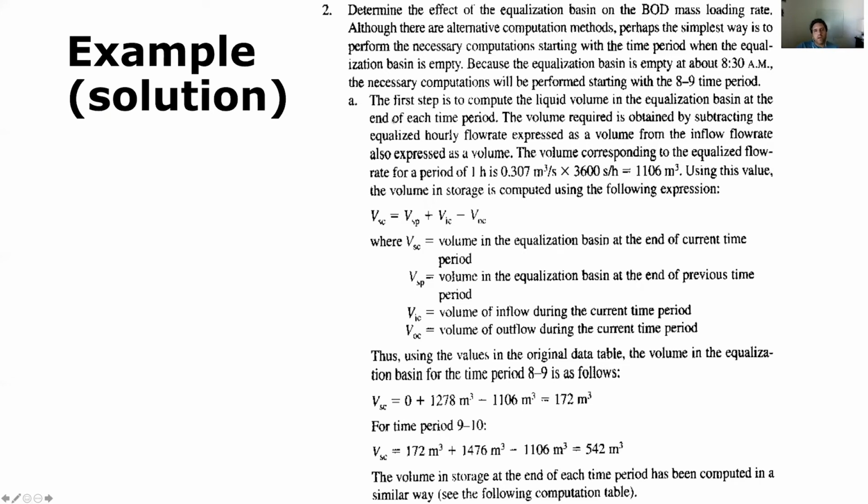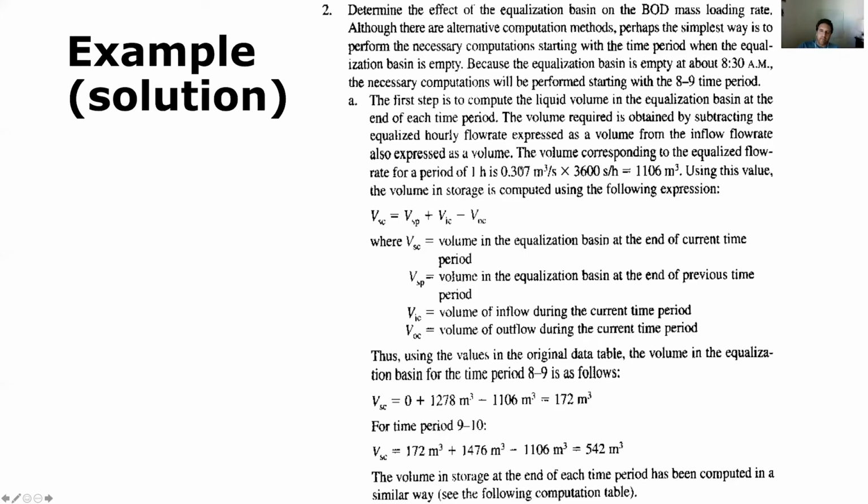The first step to do this is to compute the liquid volume in the equalization basin at the end of each time period throughout the day. We do this by subtracting the equalized hourly flow rate expressed as a volume from the inflow flow rate expressed as a volume.